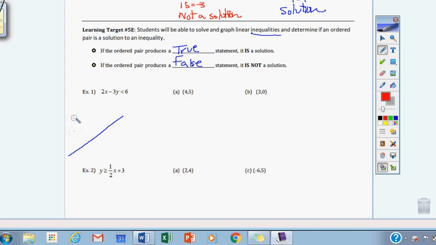Well, there's a lot of ordered pairs on both sides of the line. If this little ordered pair here, when I plug it in, is a true statement, that means we're going to shade that side. And all of those ordered pairs would be shaded. So there's a lot of ordered pairs that are going to end up being shaded, and there's some that are going to not be shaded.